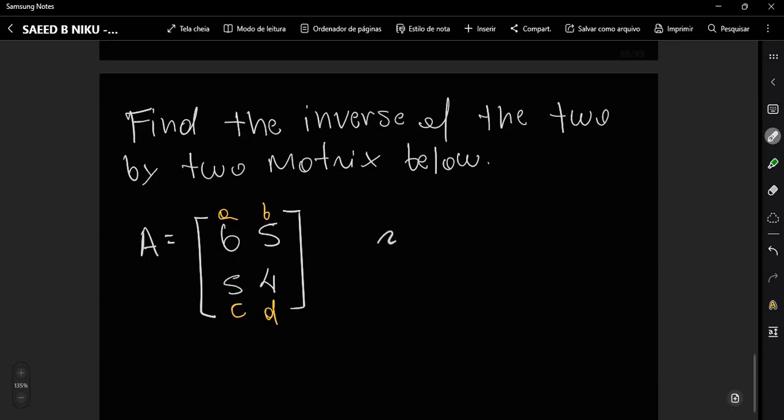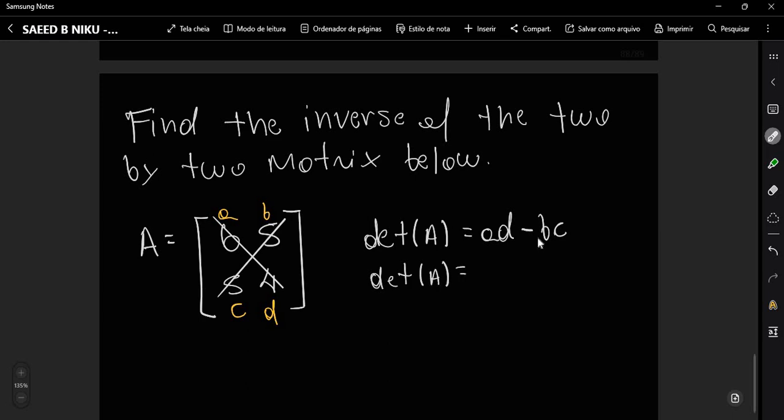Let's first calculate the determinant of A, which is A times D minus B times C. If you just do the multiplication on the diagonals, we get the determinant, which is a scalar number. Doing this, we get -1.